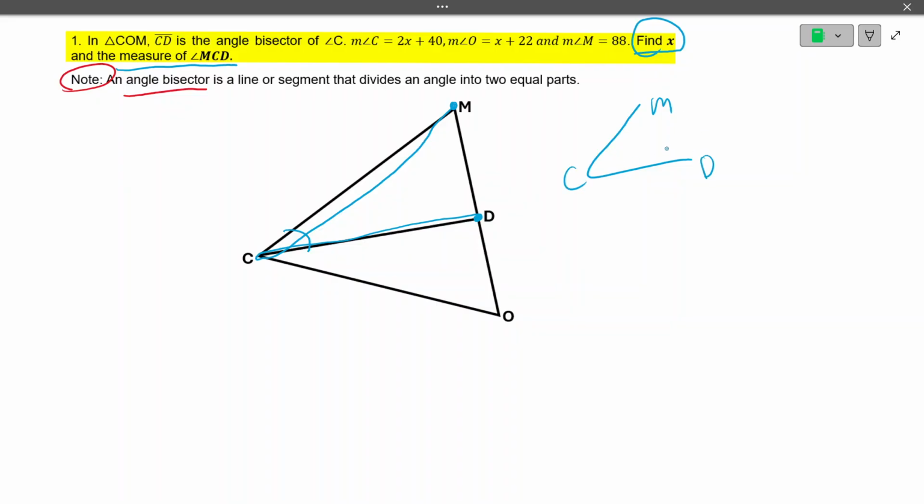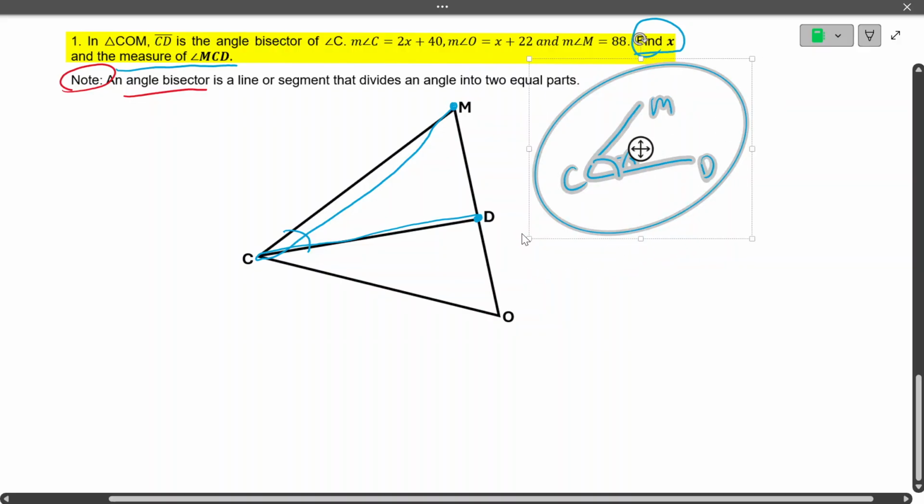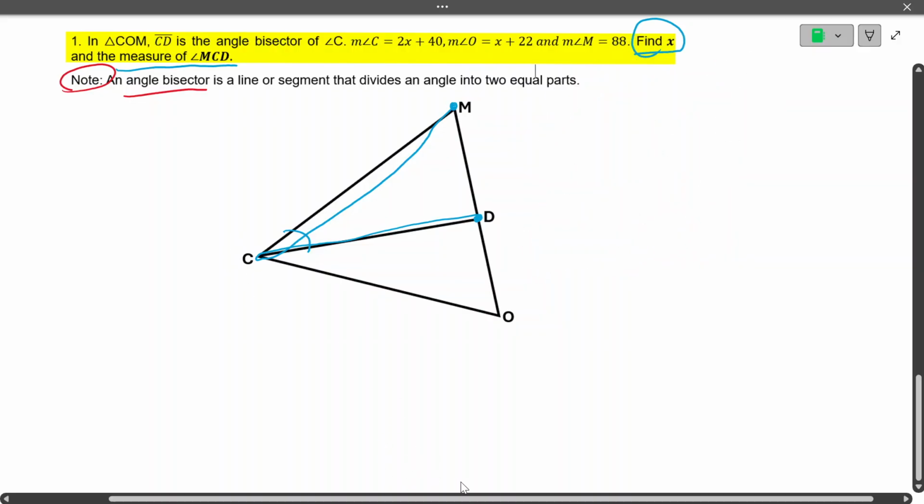This angle can be named as angle MCD, angle DCM, or angle C. We have three ways to name this. But if it has a value here, let's say x, this can also be named as angle x. So we have four ways to name this specific angle. Now let's head on to the discussion.